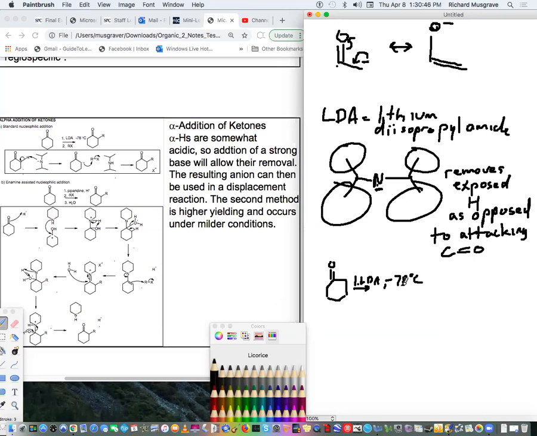That also helps stop anything else from happening. And then I'll put that, and this RX is usually a bromide or an iodide. Could be a chloride as well, I suppose, but definitely not a fluoride. Fluorides tend to be too stable to react.